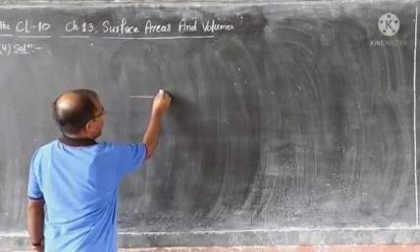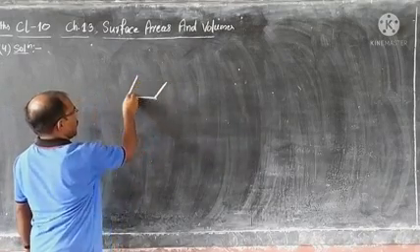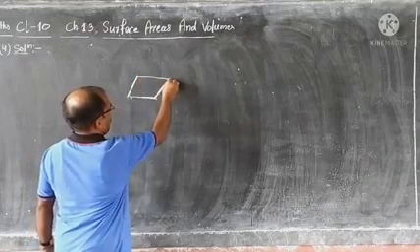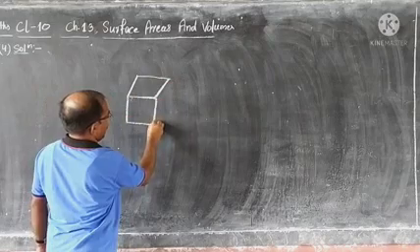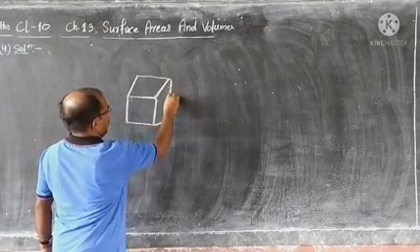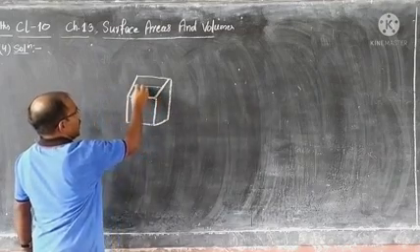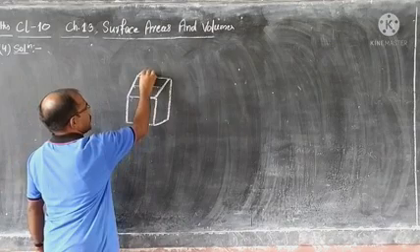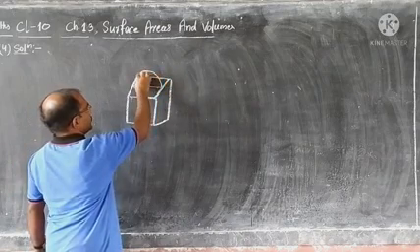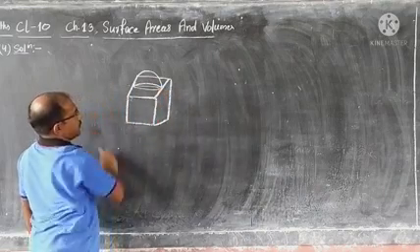So, there is a cubical block, this will be the side, and it is surmounted by a hemispherical solid.